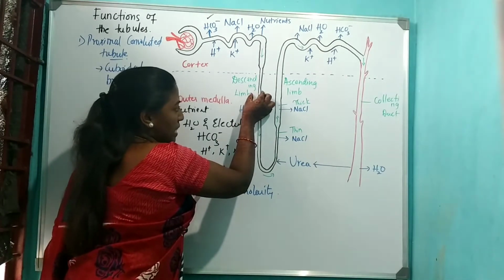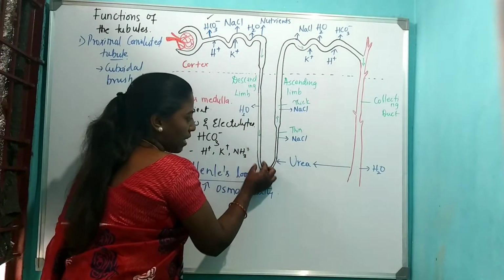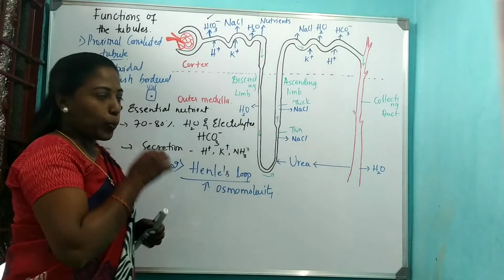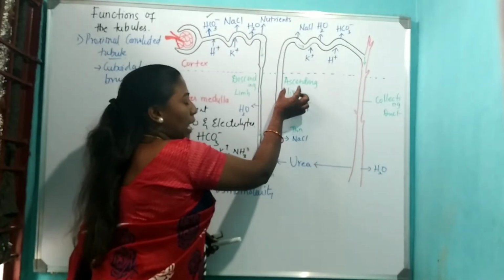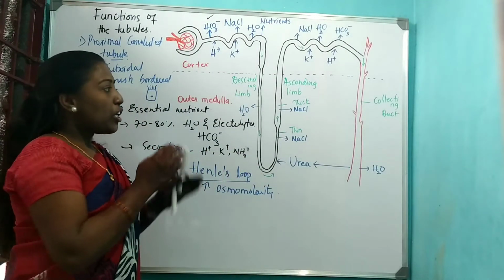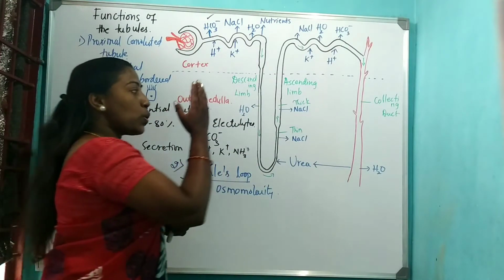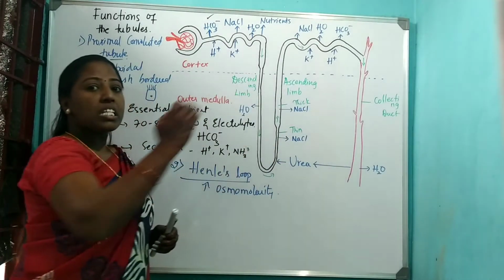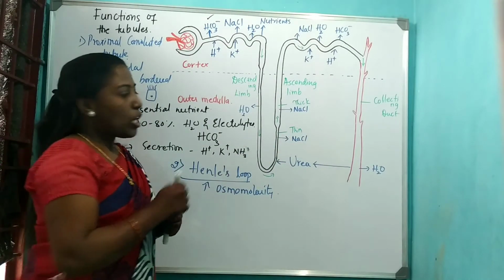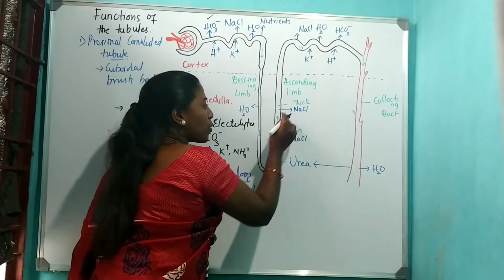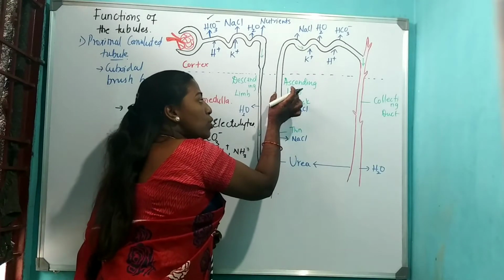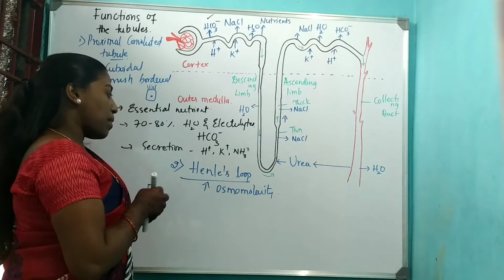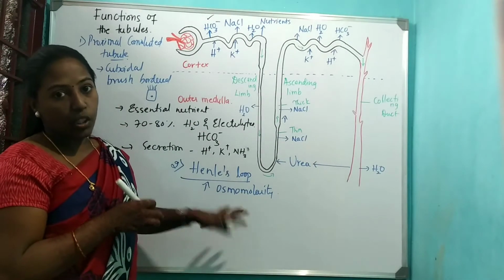Then, when the filtrate enters the ascending limb of Henle's loop, which is permeable to electrolytes and almost impermeable to water, the filtrate becomes diluted. That is a major function of Henle's loop.